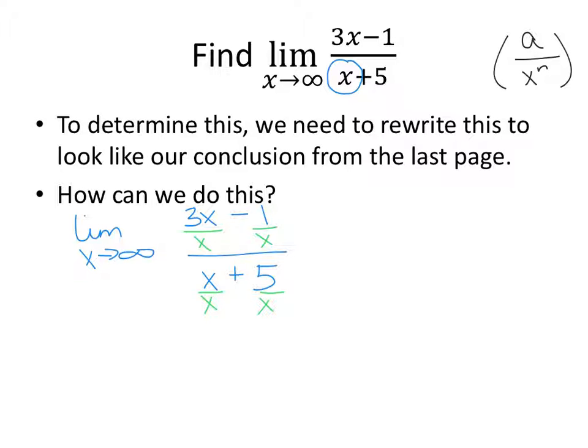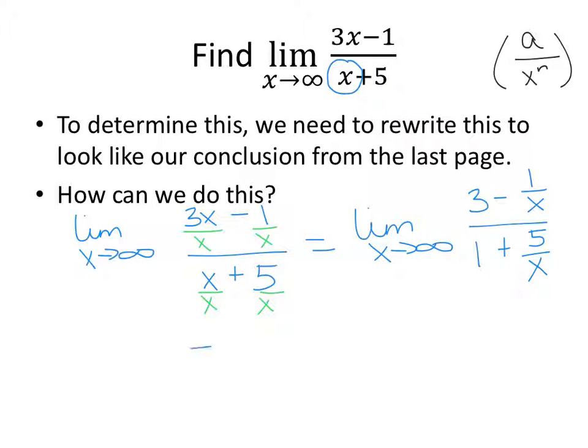And remember, I'm allowed to do this. When I take limits, I'm allowed to break them apart and take individual limits. So really, I'm taking the limit as x approaches infinity of 3 minus 1 over x over 1 plus 5 over x.